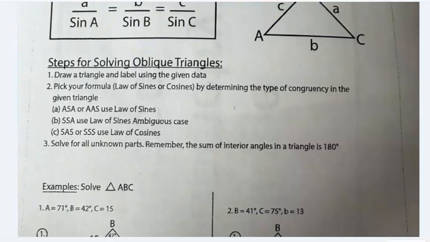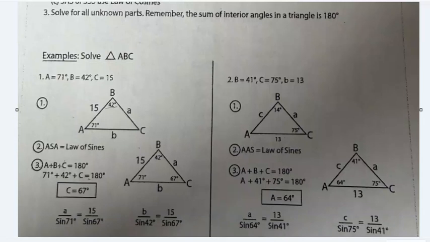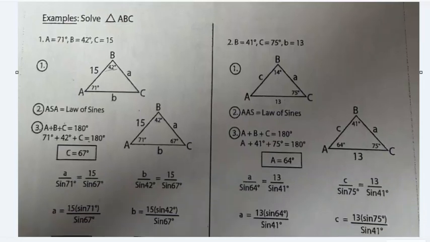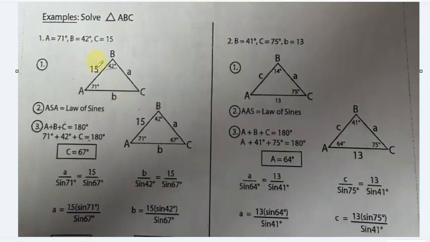So if we scroll down here to our example, we know a side and two angles. So we can find the other parts. So I have side A over the sine of 71.